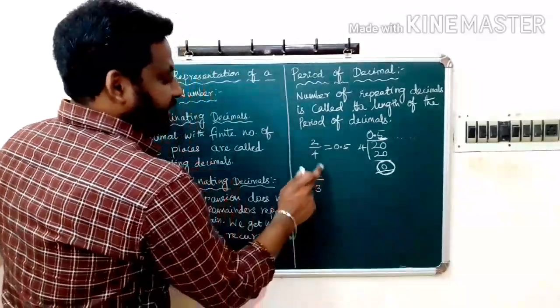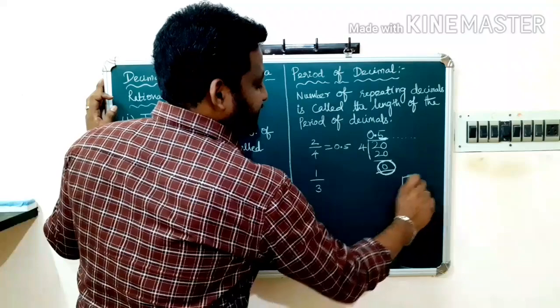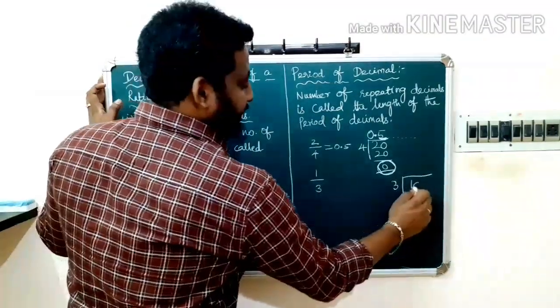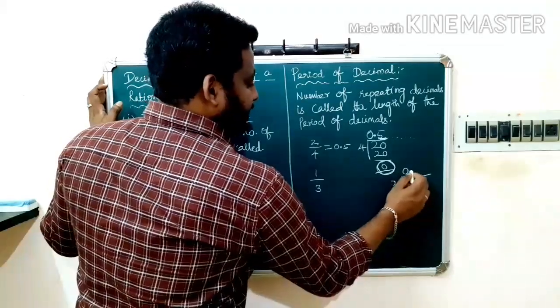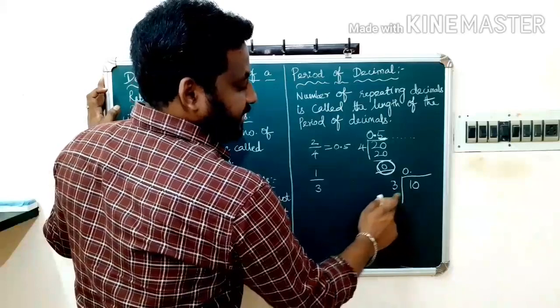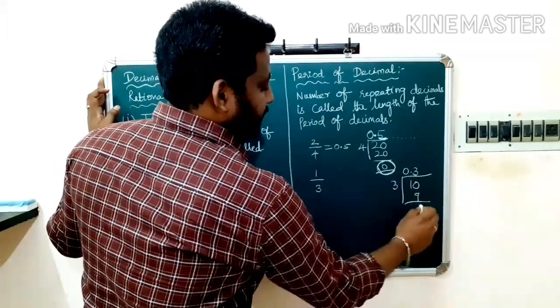So we have to divide 1 by 3. 1 is less than 3, so we have to add 0 here and make a decimal. 0.3, then 10. How many 3s are 10 or below 10? 3 3s are 9 and the remainder is 1.